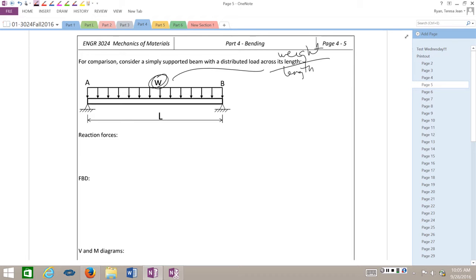It is not W. It is W times L. So then, if we have a reaction at A and a reaction at B, reaction at A equals reaction at B equals WL over 2. Half of the weight is on the left support, half of the weight is on the right support.